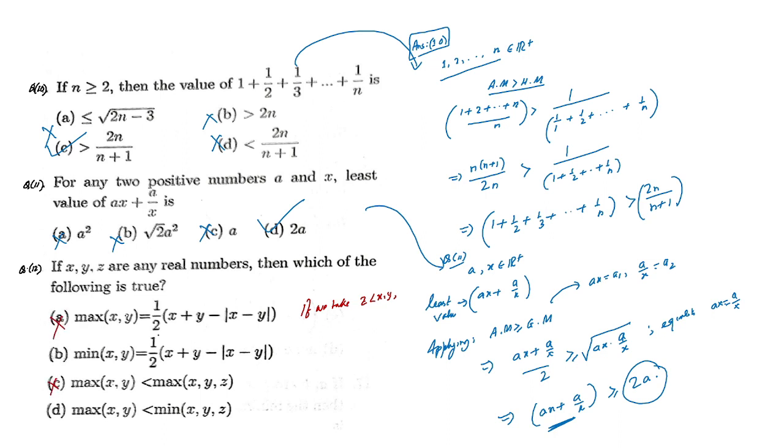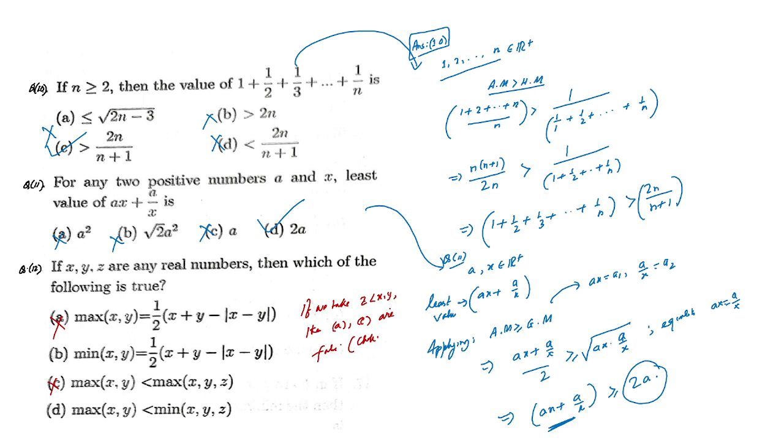A and C are false. You can check it easily: take three real numbers where z is less than x and also y, and you will see that A and C do not hold.